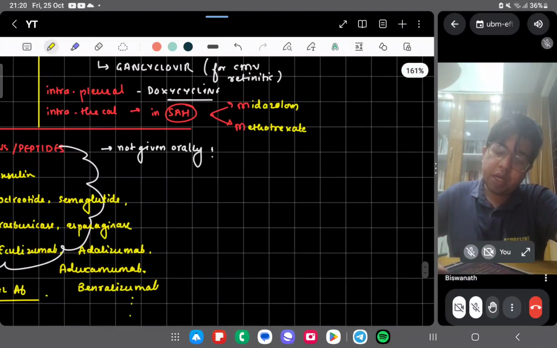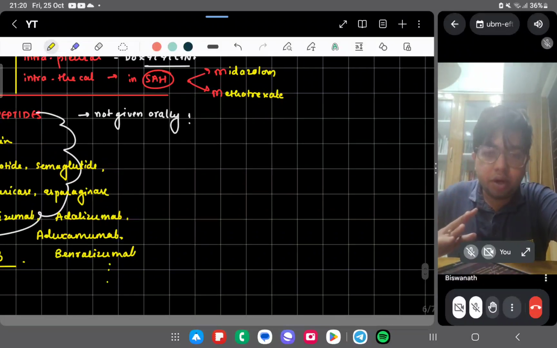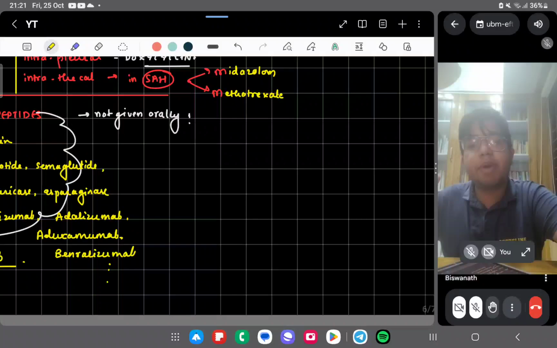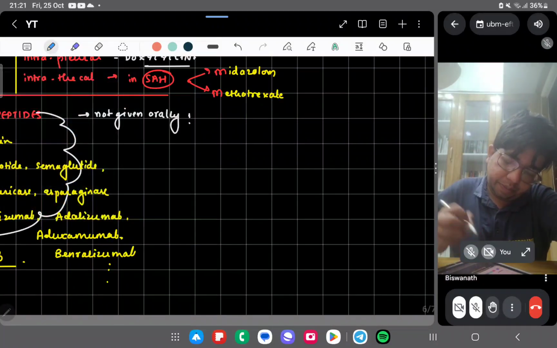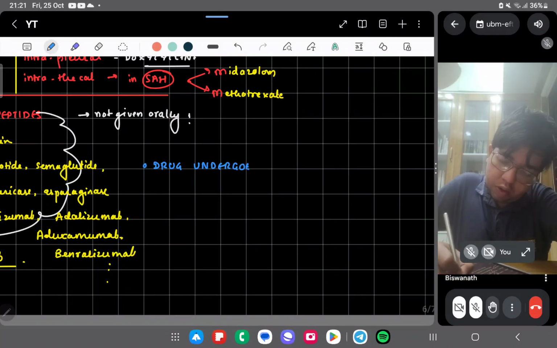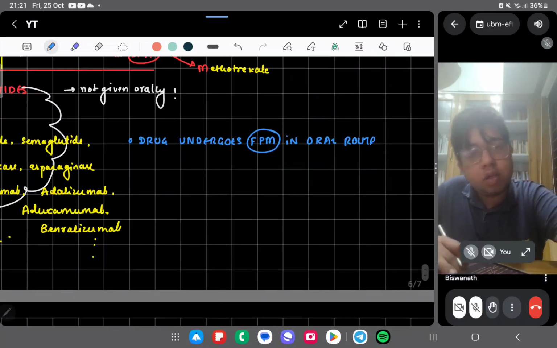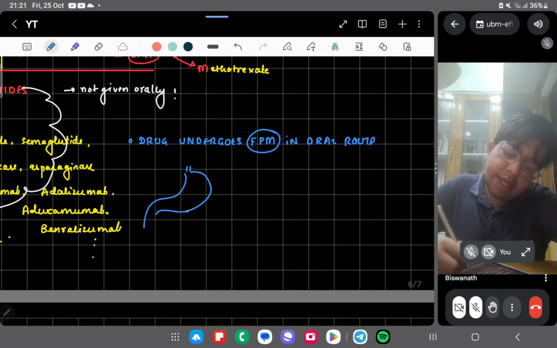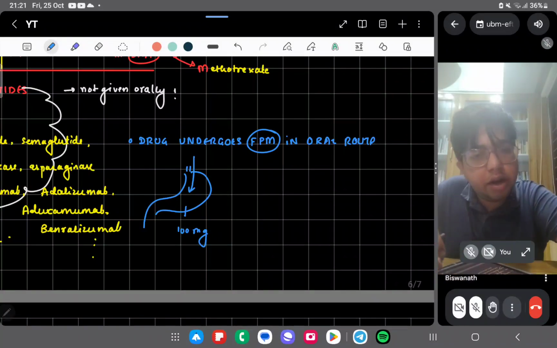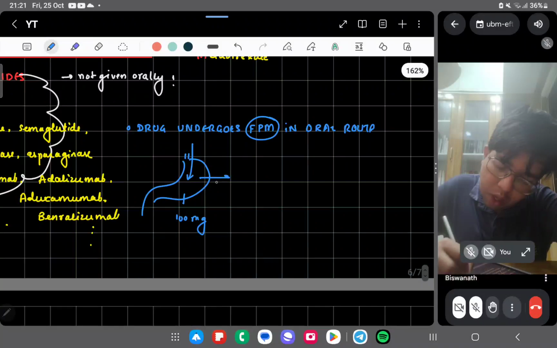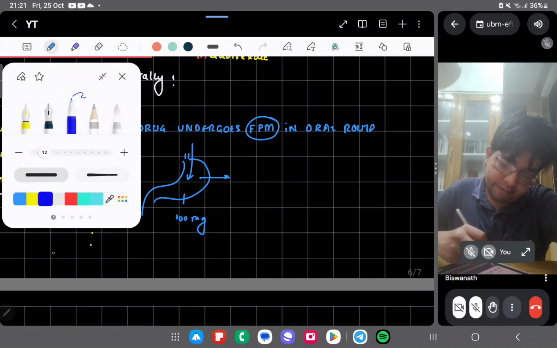Okay. Just remember that in oral route, the drug undergoes first pass metabolism. The drug undergoes FPM in oral route. Right. So let's say this is the stomach. You gave someone a 100 milligram dose. This drug goes to the portal vein.